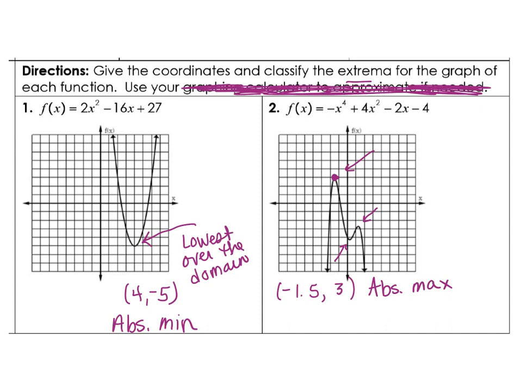So let's see, one of those, it looks like, it's over just a little, let's go at 0.2, comma, -4-ish. And so that one is going to be a relative min because, again, it's just the lowest point around it, but not over the entire domain.